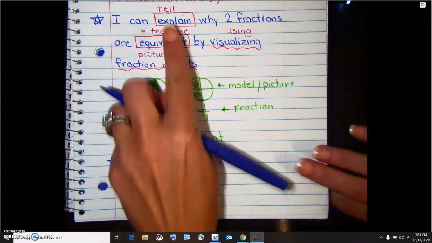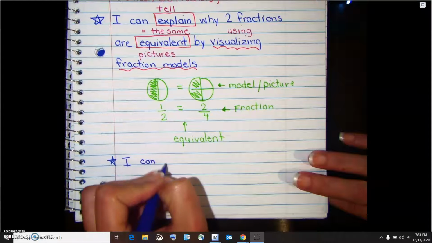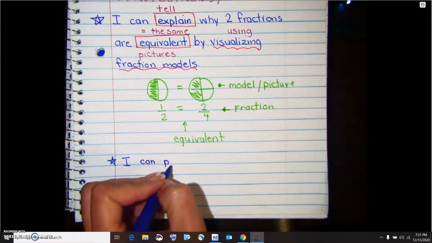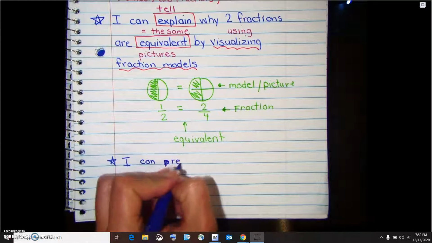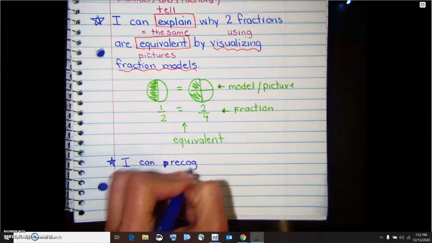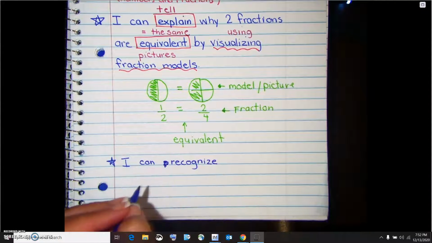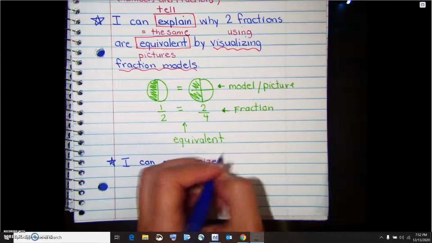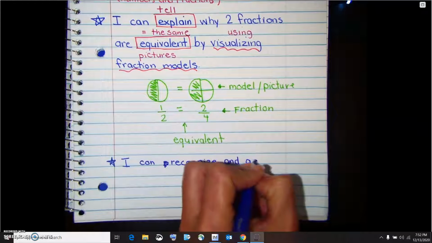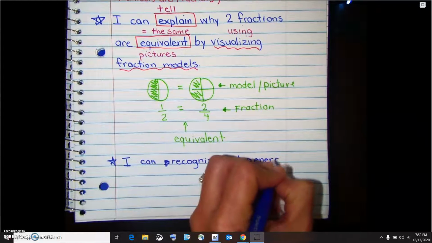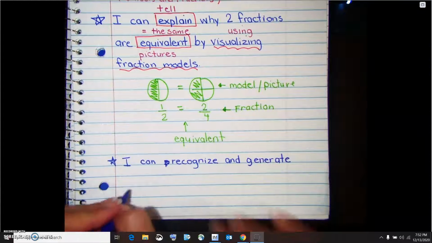Okay, so you're going to be able to explain, and then the second one is I can recognize, make sure I spelled it right, and generate equivalent fractions.